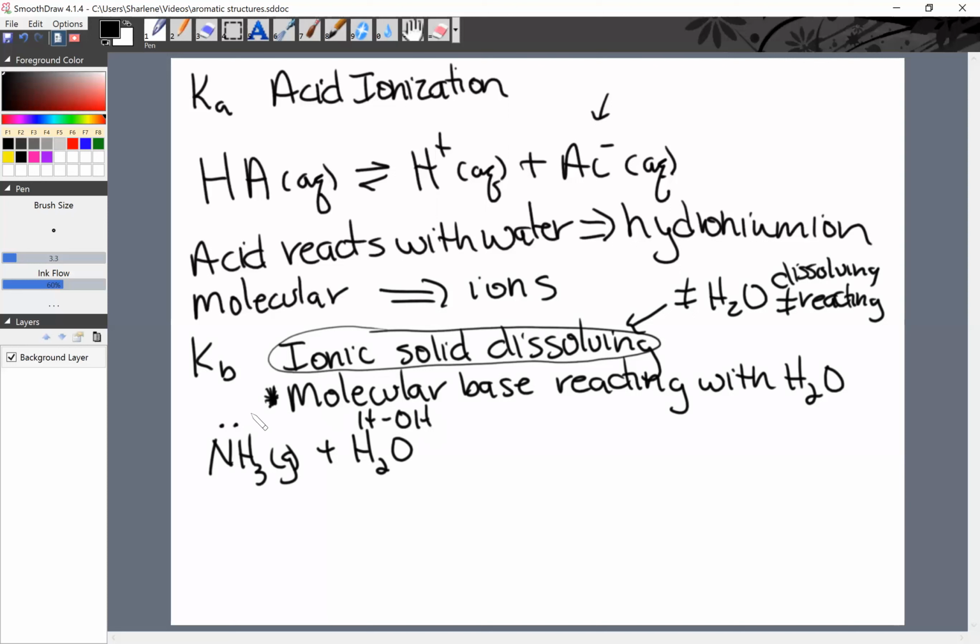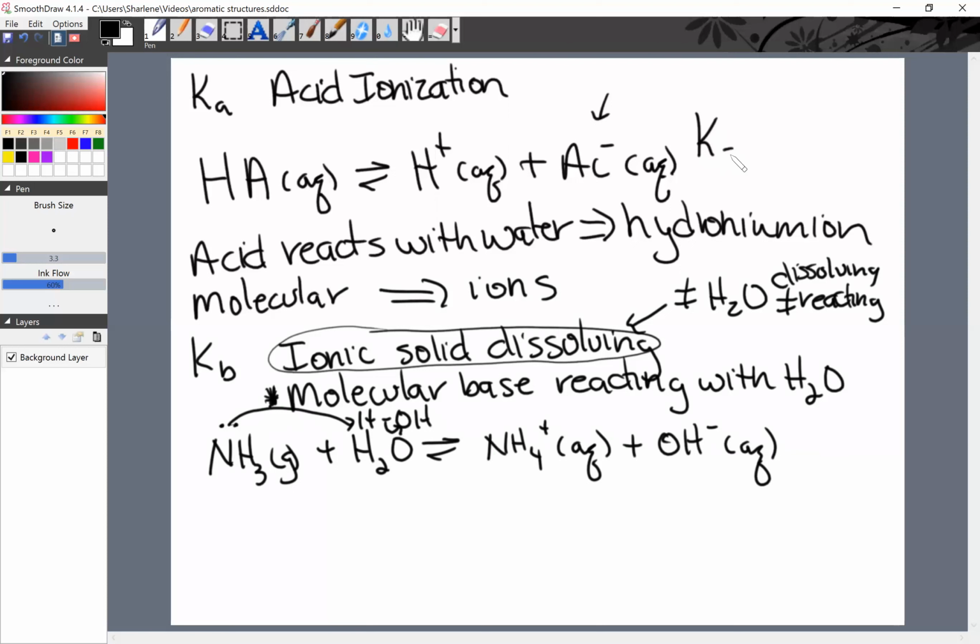The lone pairs on the ammonia, they're going to attack the hydrogen, and that hydrogen is going to give those electrons to the oxygen, and we're going to make NH4 plus hydroxide. And if you will notice, there's no way to leave the water out because it literally has to take part in the equation. And that would be called a Kb.